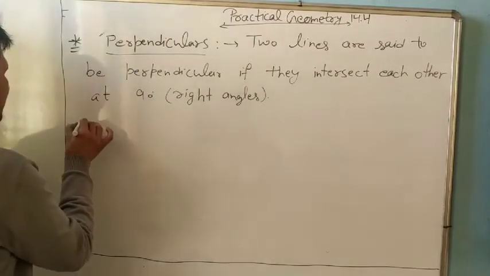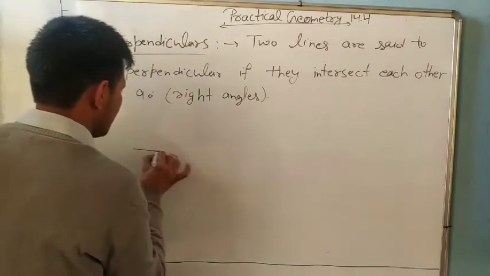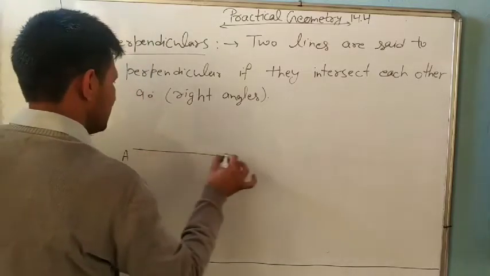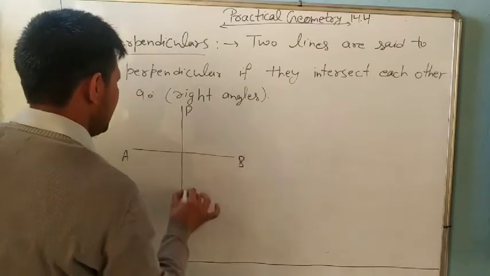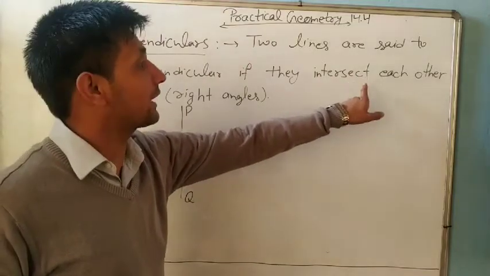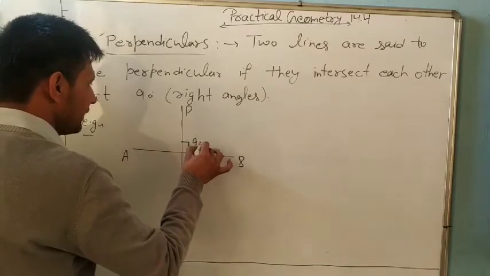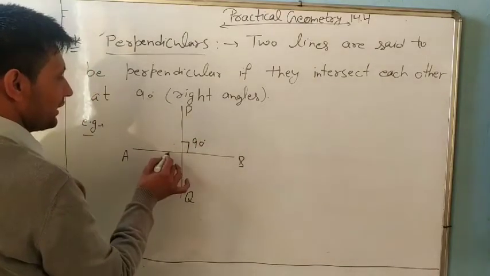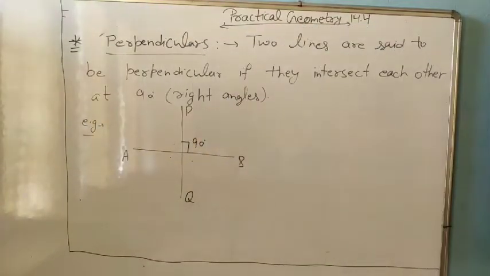Suppose for example, it is line AB and next is line PQ. They intersect, meaning cut, each other at 90. It means it is a 90 degree angle. 90, 90, 90, 90. So if two lines intersect at 90 degree, we say they are perpendicular to each other.